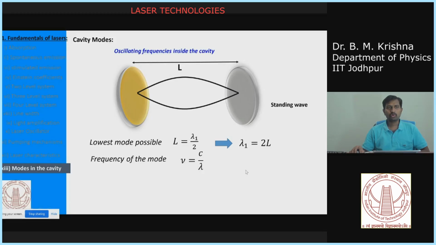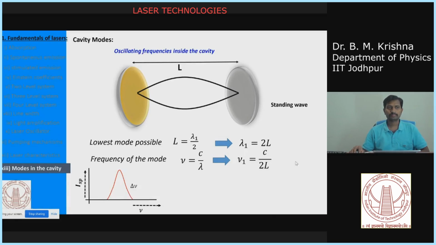The frequency of a mode is the velocity of light divided by the wavelength. So for the lowest possible mode, nu 1 equals C by lambda, and lambda is 2L, so you get C by 2L. This is the lowest frequency of a mode that can exist inside a cavity.